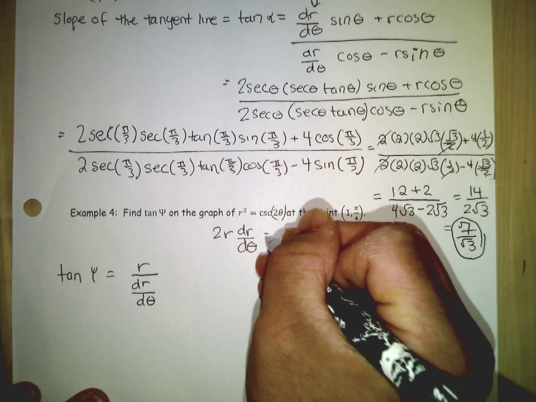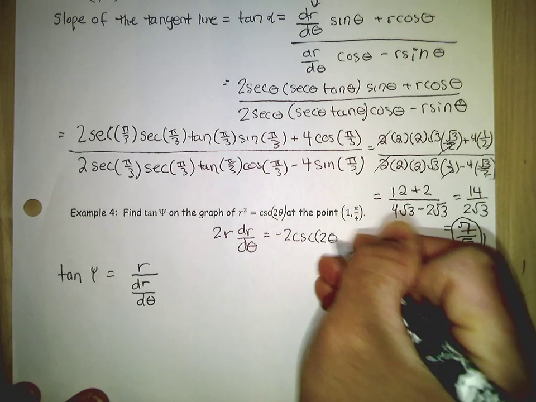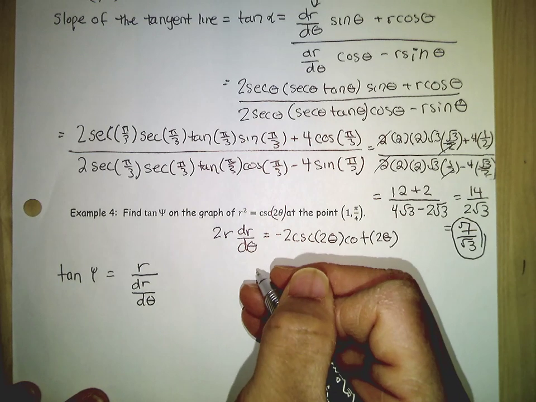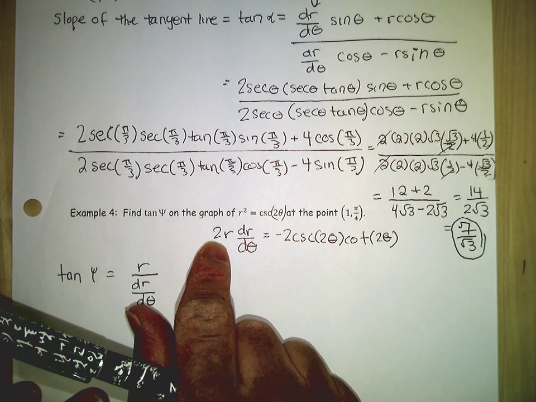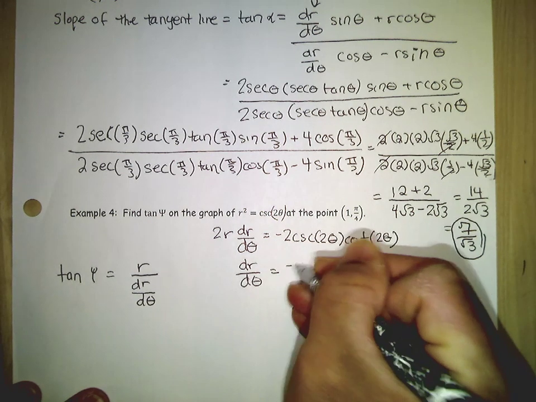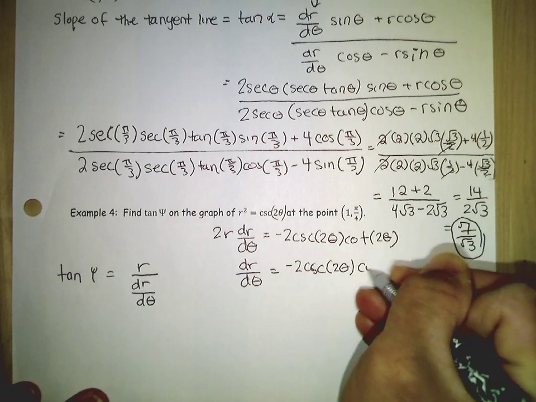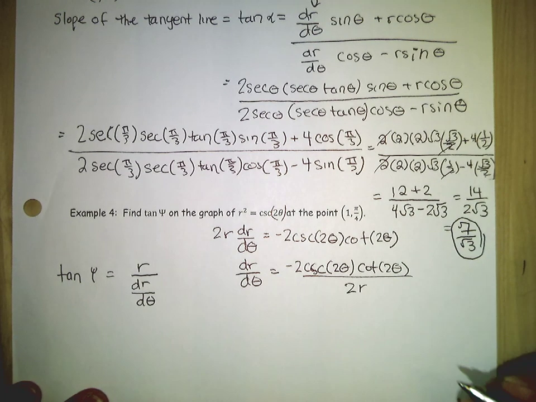All right, that will be equal to negative 2 cosecant of 2 theta cotangent of 2 theta. And now I'll divide by the 2r, so dr d theta is negative 2 cosecant of 2 theta cotangent of 2 theta over 2r.